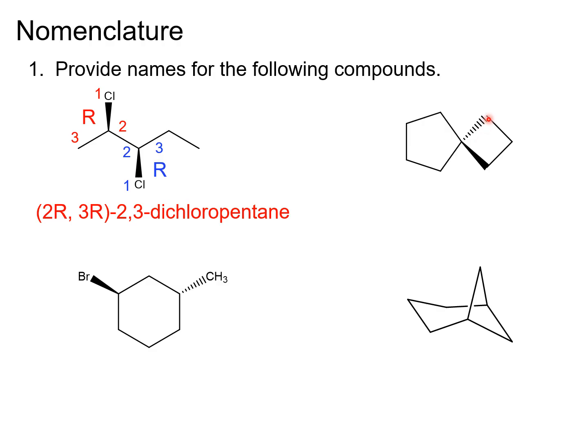From here, I have 1, 2, 3. I'm going to write those from highest to lowest. So I have a spiro, brackets, 4-3, end brackets, total number of carbons. So I have 1, 2, 3, 4, 5, 6, 7, 8.